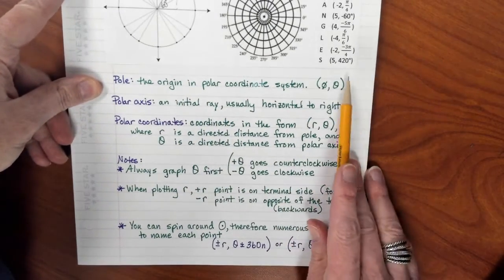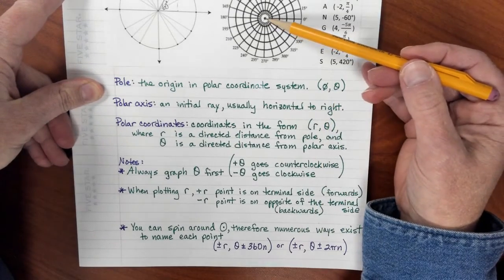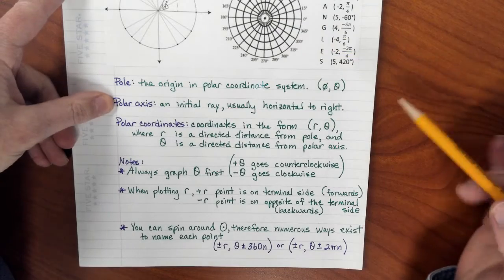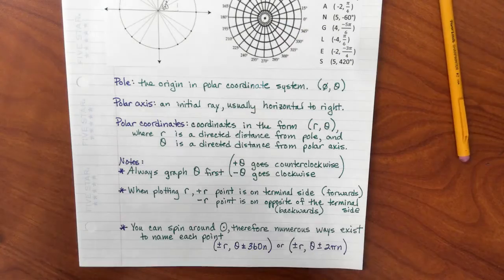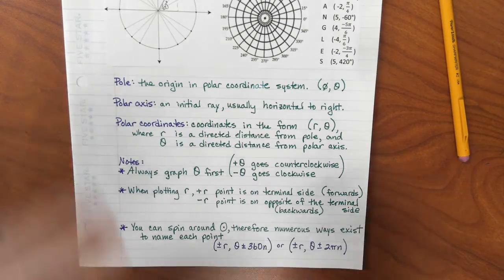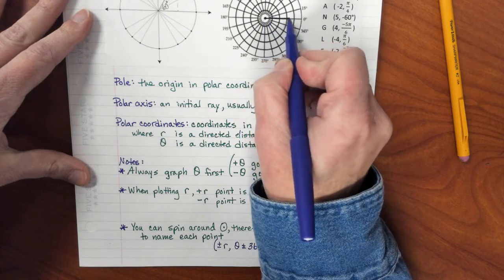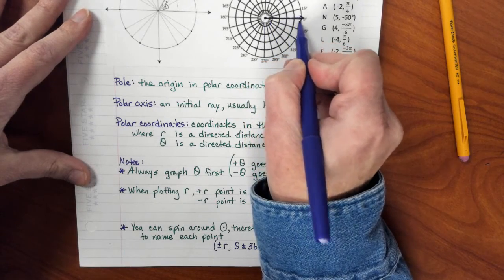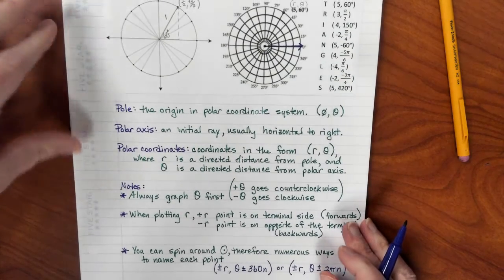And you would write that as 0, theta. That's the pole, the center, right there. The polar axis is the initial ray, usually horizontal, that comes out to the right. So from the pole out there is the polar axis. It's where we start all of our angles.